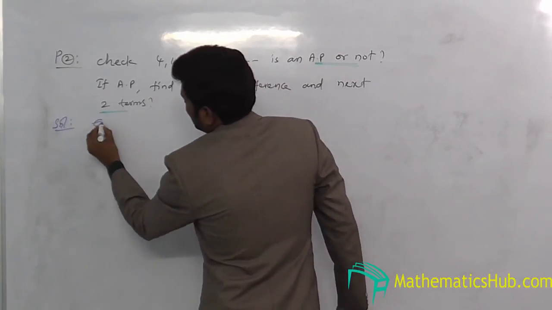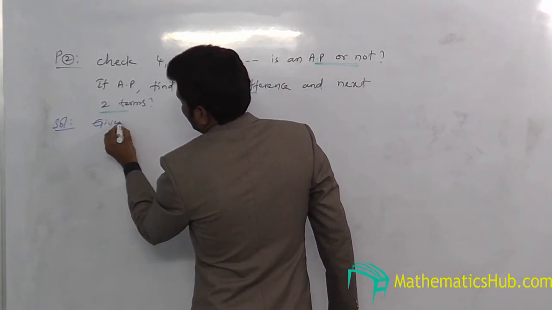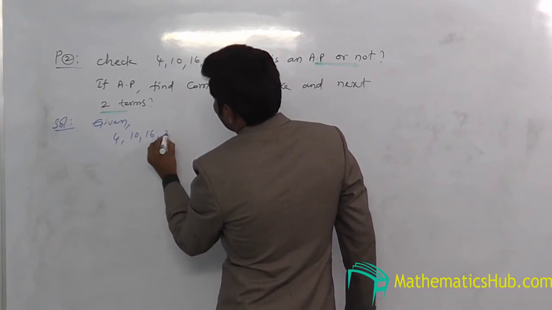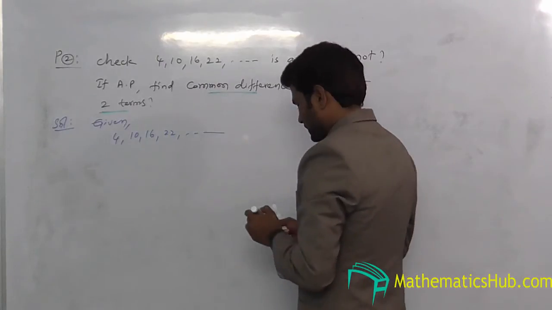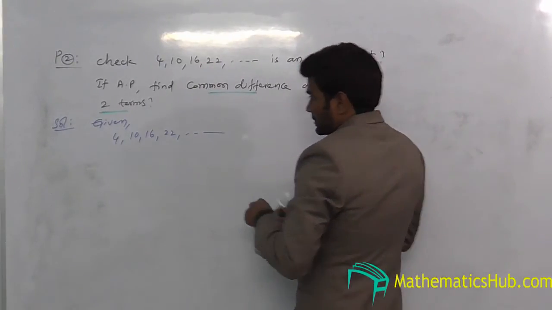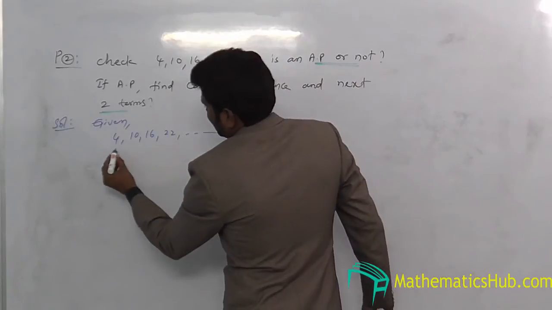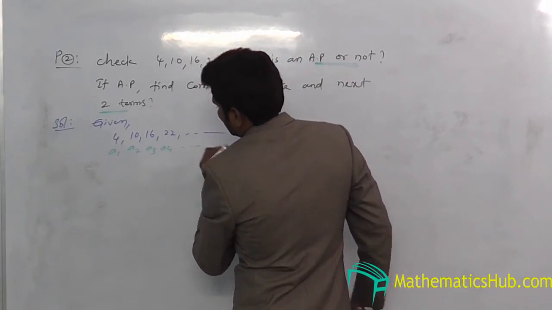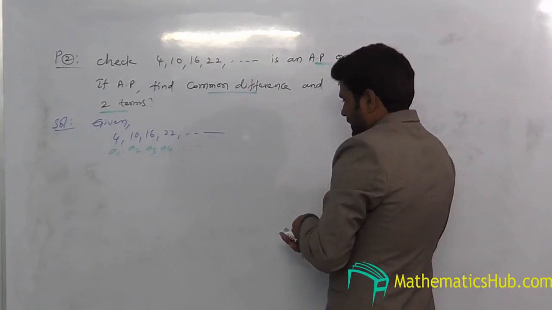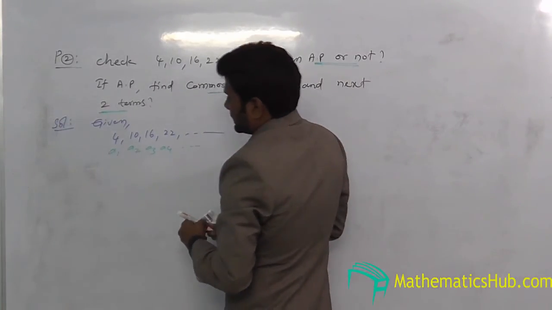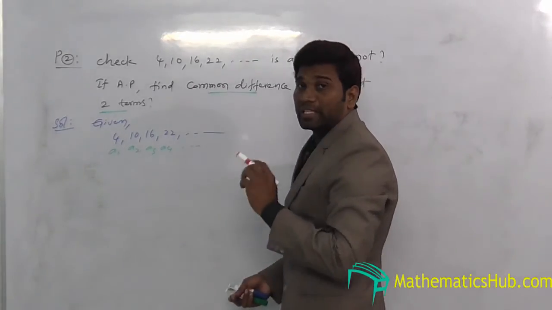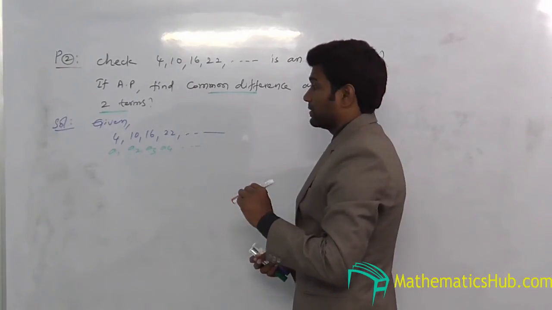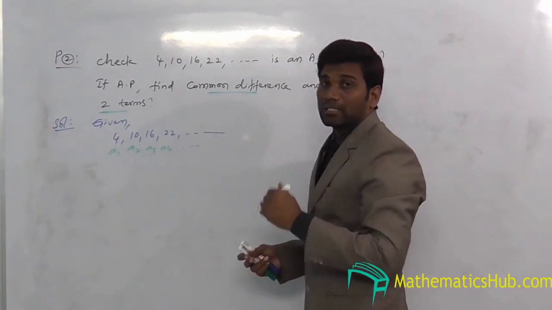See, here the given sequence is 4, 10, 16, 22 and so on. Let us assume that these are A1, A2, A3, A4 and so on. We know that if it is in AP, the common difference will be equal between the consecutive terms.